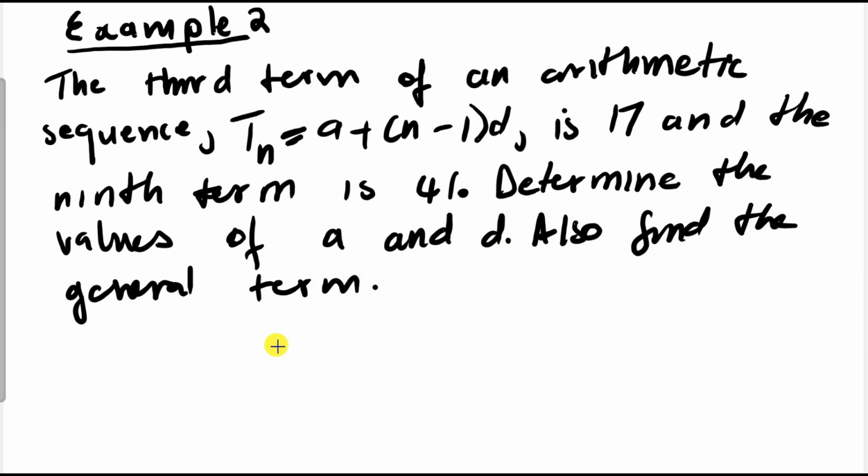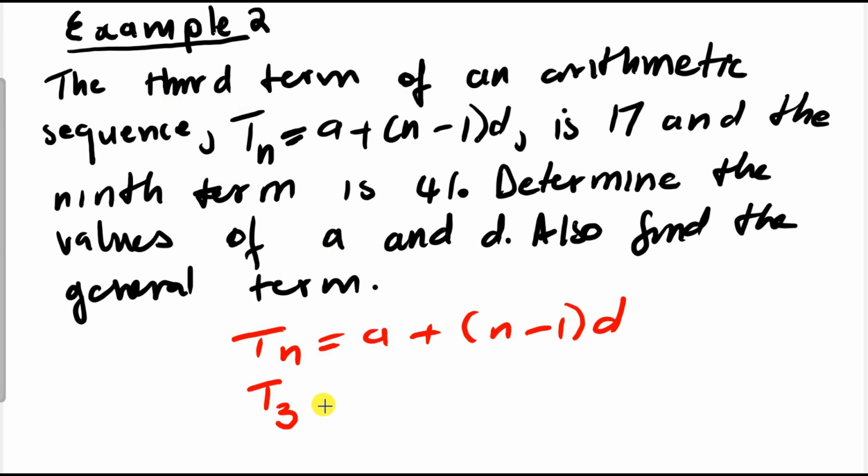So you remember we had our solution. Maybe let me change the color. Our solution, by the way, is Tn equals a plus (n minus 1) times d. We are given the third term, so meaning T3. We don't know what the first term is, so where there's n, I will put 3. And we also don't know what d is.